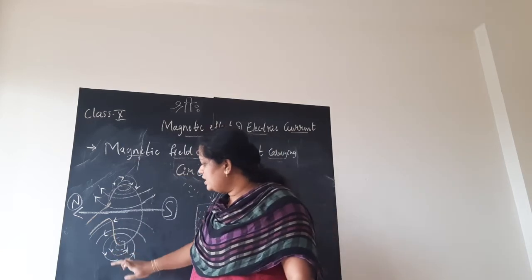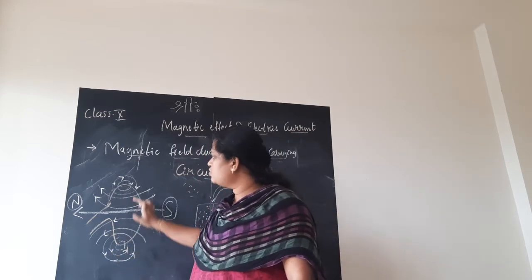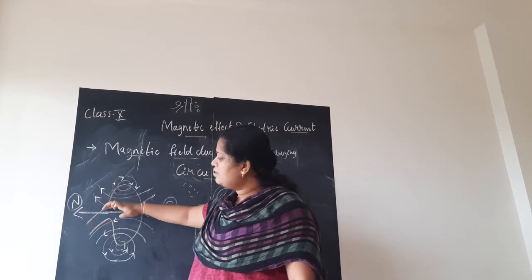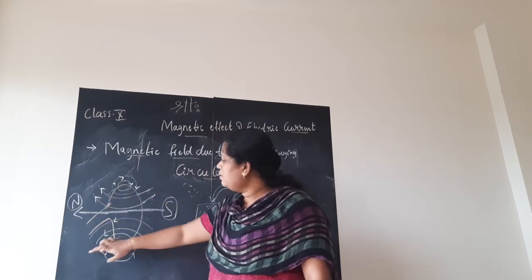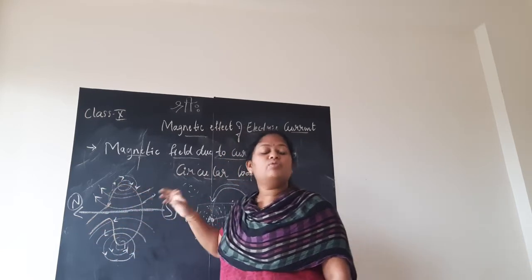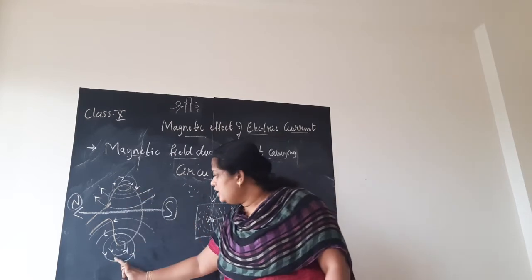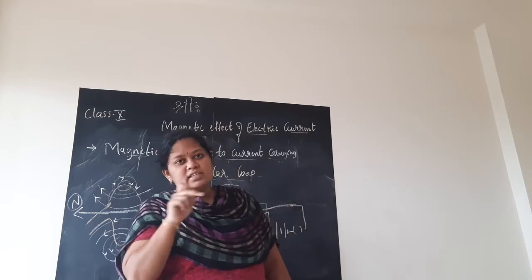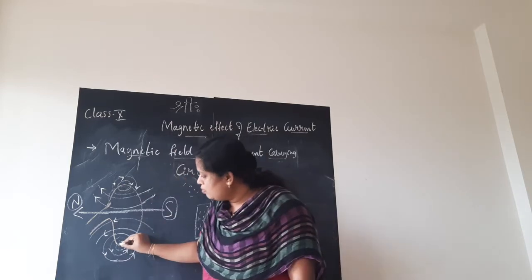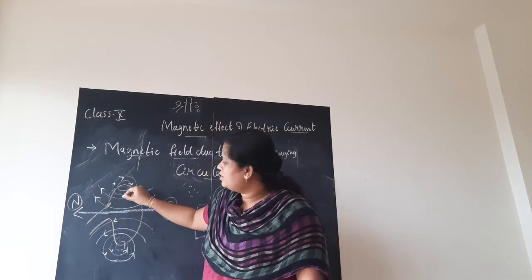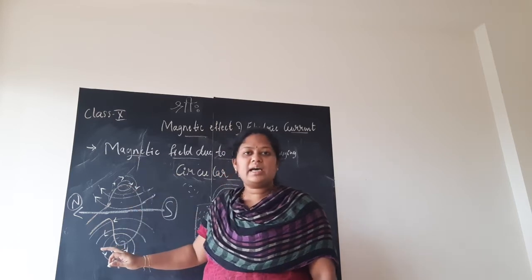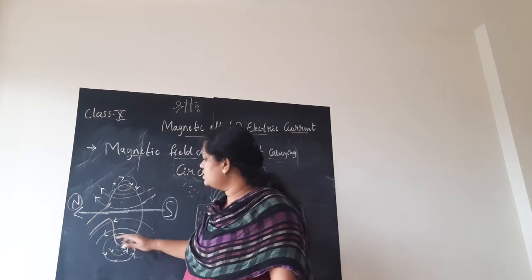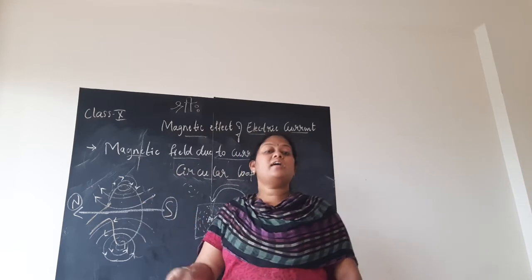Hence, you can see the complete circles which were drawn near the wire, as you are going away from the wire, are simply becoming arcs now. Those are not complete circles. Near the wire on both the sides, I have drawn the concentric circles. But as you are moving away from the wire, both the top and bottom, what is happening, children? The concentric circles are now just becoming arcs.